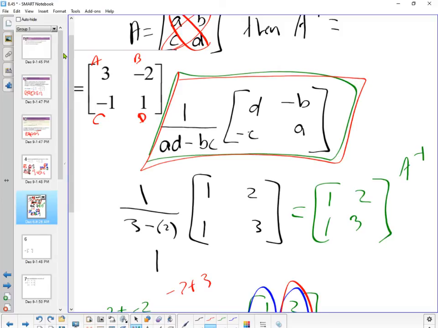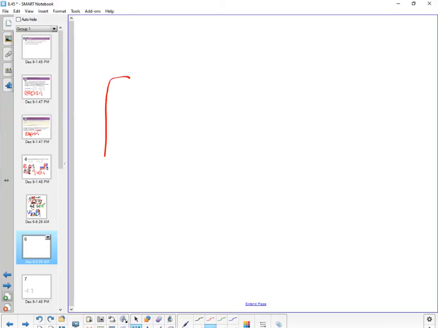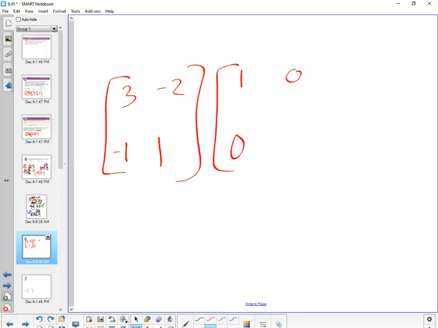Read me this matrix one more time. It was 3, -2, -1, 1? Then the identity: 1, 0, 0, 1.